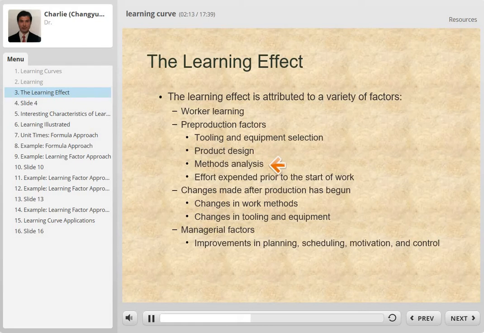Method analysis means we can step back and look at overall how we perform the task and do a little analysis and try to improve that. Also, we can change the tooling and equipment, the planning, scheduling, also the motivation and the control when we talk about the managerial factors. We also know that motivated workers and less motivated workers finish a job at a different speed.